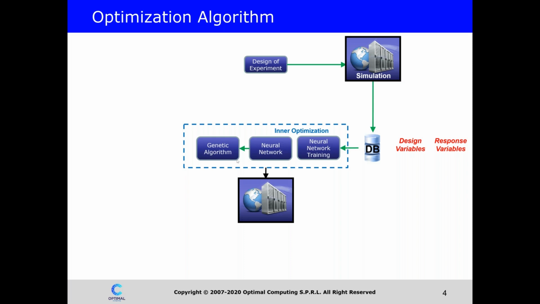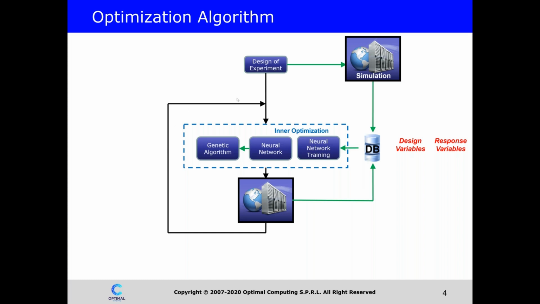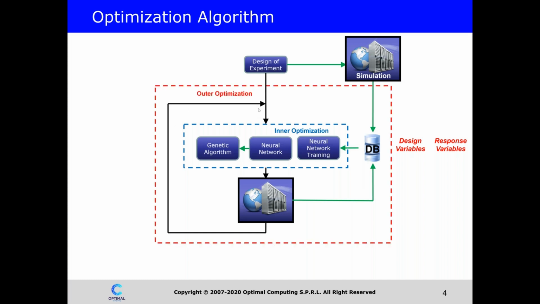And when we finish with the genetic algorithm, we are able to give the accurate simulator the task to evaluate the accurate response. Then we store the results into the database, and then we can go on with another loop here.